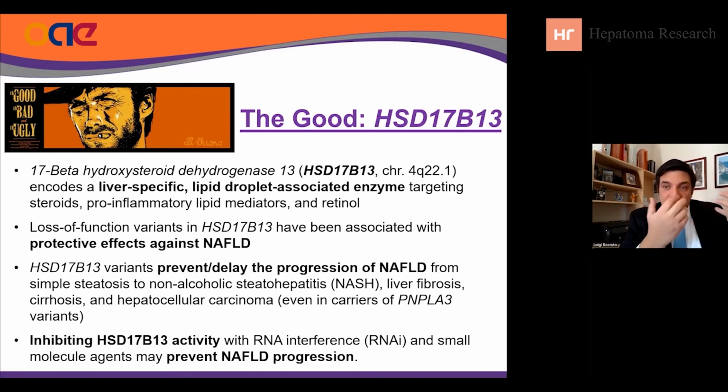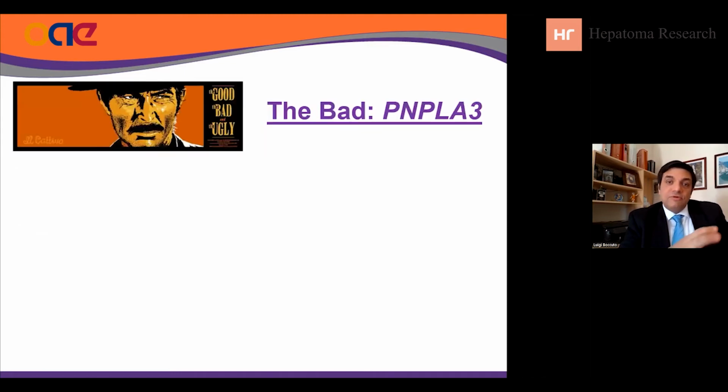So that is why the multi-gene network is important, because we need to assess the overall contribution of genetic factors. So overall, what we learn is that inhibiting the activity of this protein through RNA interference and small molecule agents may prevent NAFLD progression. Then we move to the bad, PNPLA3.